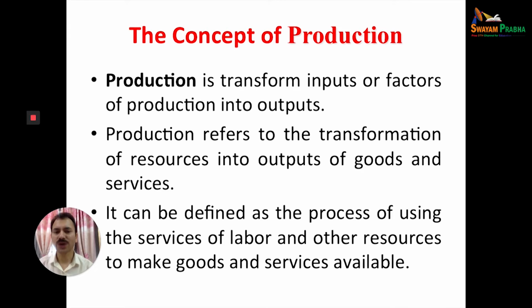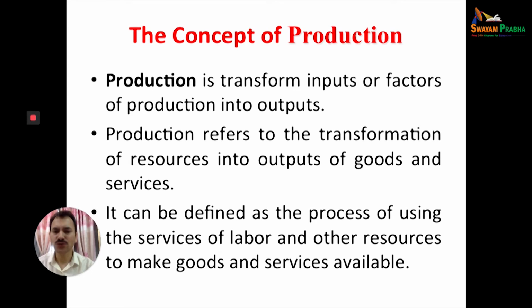It can be defined as the process of using services of labor or other resources to make goods and services available. Simply, production is conversion of input into output. Creation of utility is production.